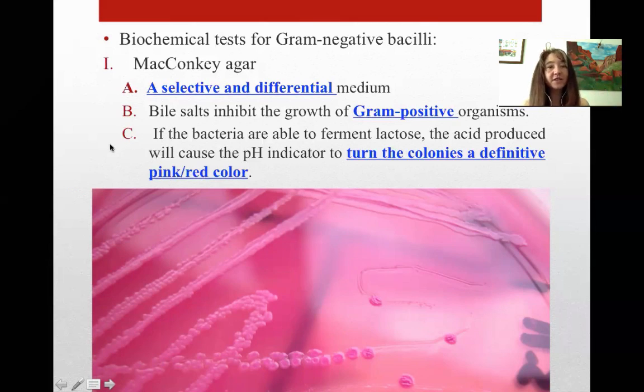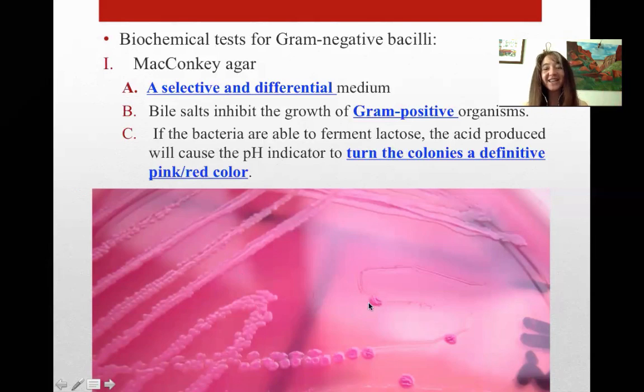But there are some other selective ingredients in there, namely dyes, and we also allow the differential nature of this medium by putting in a pH indicator that turns from a kind of colorless, purpley color into a really bright pinky red, I say Barbie pink color. You can see here a plate streaked with E. coli, a quintessential lactose fermenter.